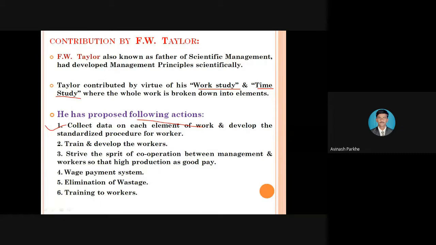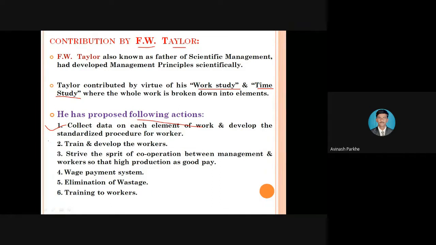So instead of going for all the detailed analysis, what we will do is divide that process into a number of elements, and carry out the analysis of each and every element, meaning each and every operation. And from that analysis we can observe how many unnecessary operations are present, or how much unnecessary time or ineffective time is present in that operation, and that unnecessary operations and ineffective time we can eliminate by using the concept of F.W. Taylor.